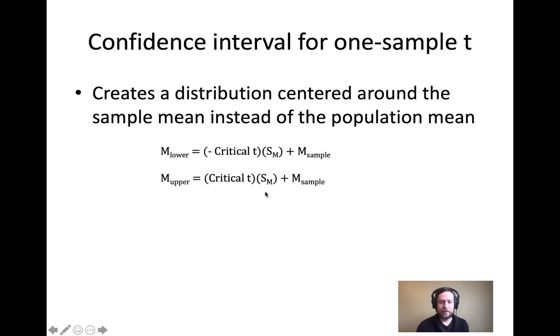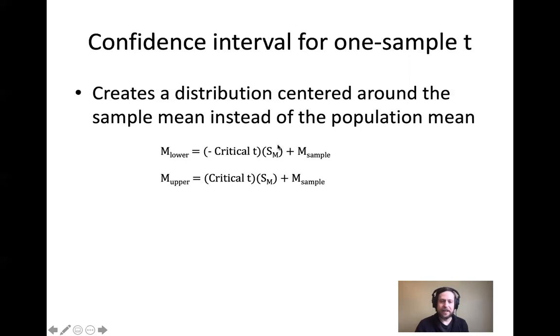This right here is another minor difference. This S sub m is the estimated standard error. When we're doing the confidence interval for z, we use sigma sub m, which is the standard error. The formula for the estimated standard error is S divided by the square root of n, the sample standard deviation divided by the square root of n.